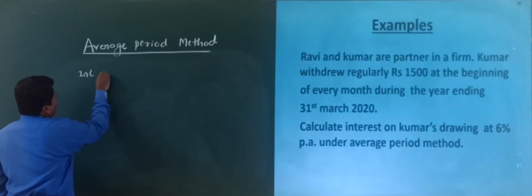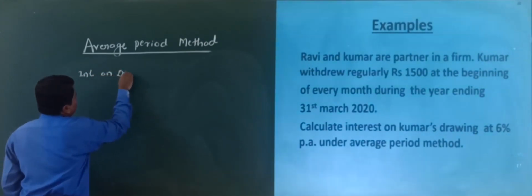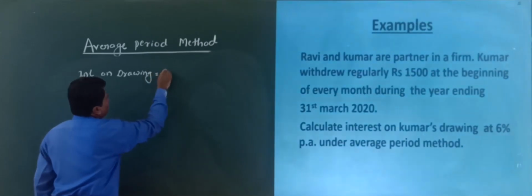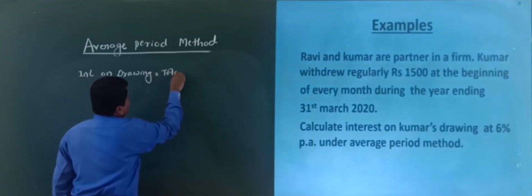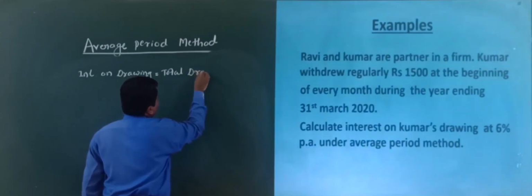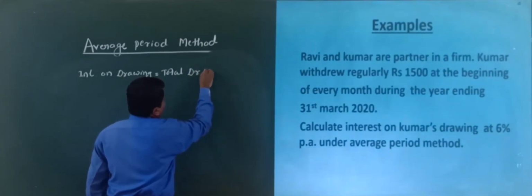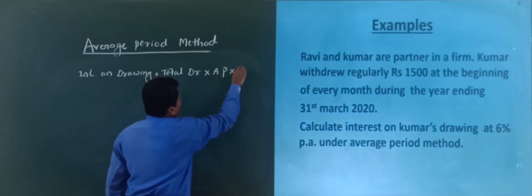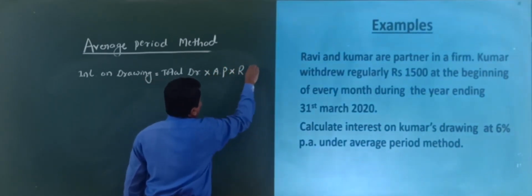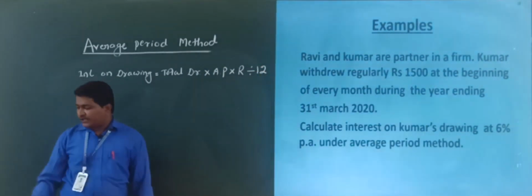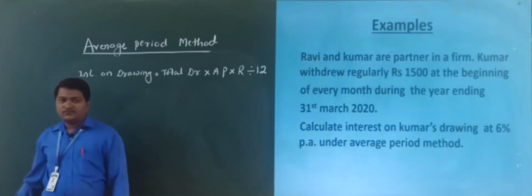Interest on drawing is equal to total drawing into average period into rate divided by 12. This is the formula to calculate interest on drawing under the average period method, right?